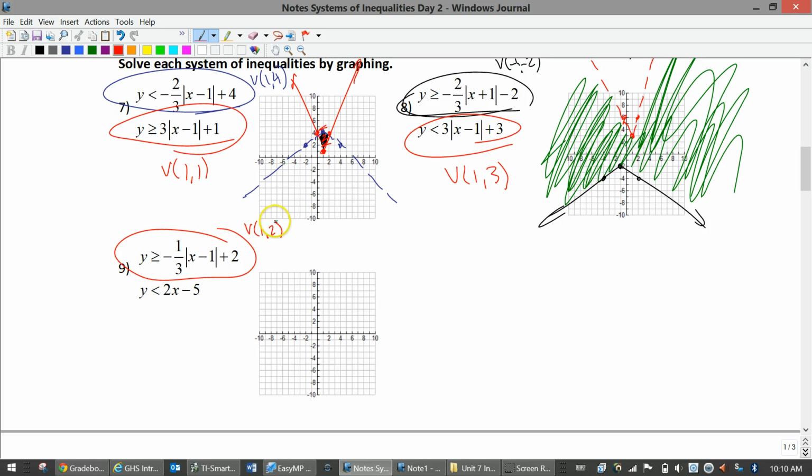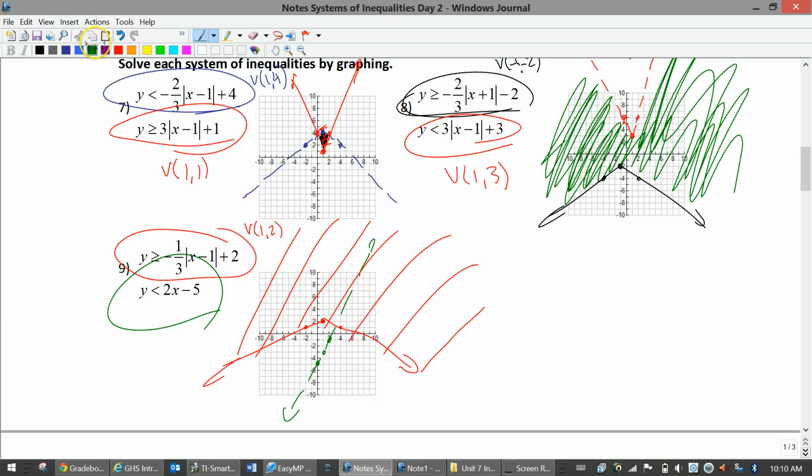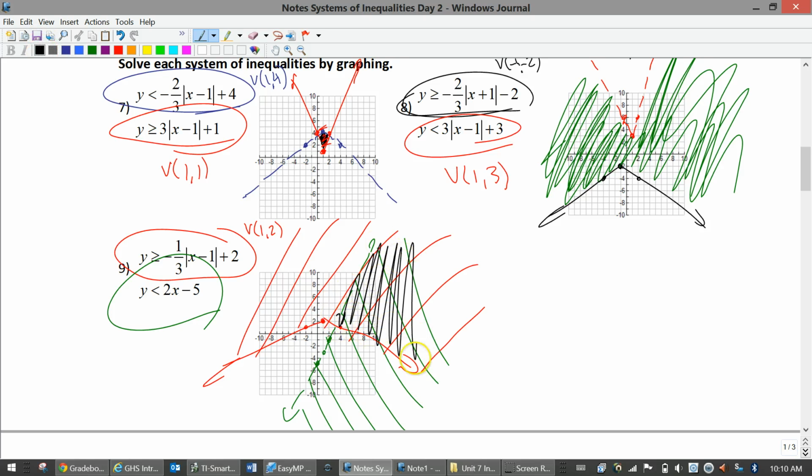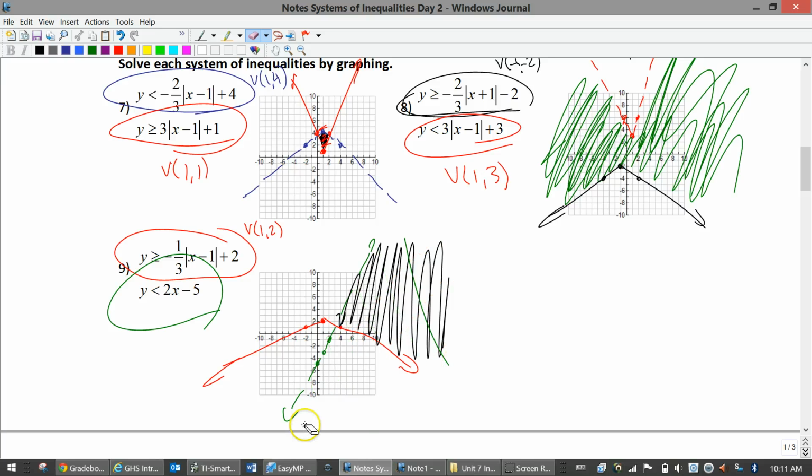Vertex. Absolute value. Okay, so if they didn't intersect, if the shading didn't intersect at all, we would say there was no solution.